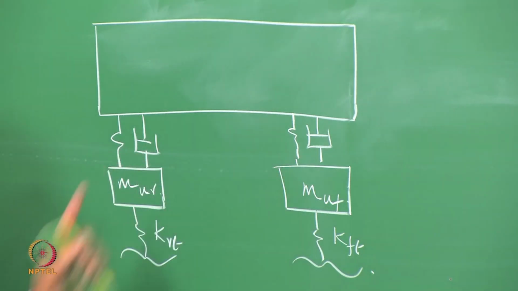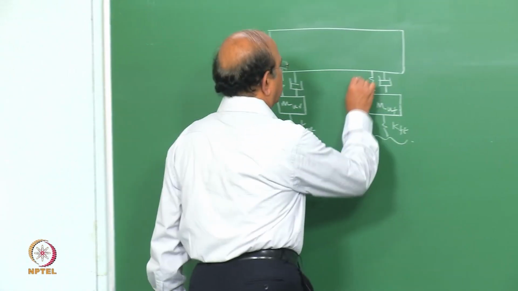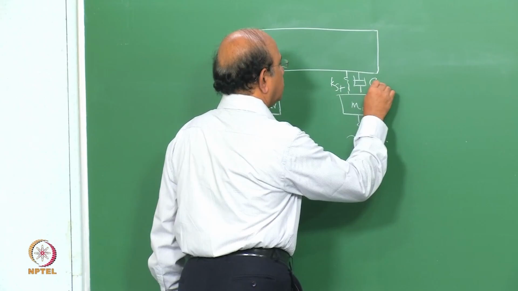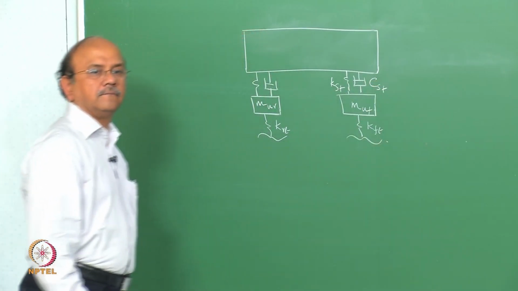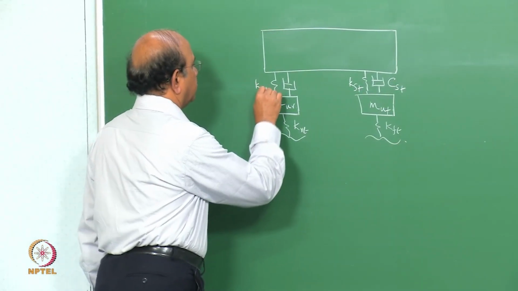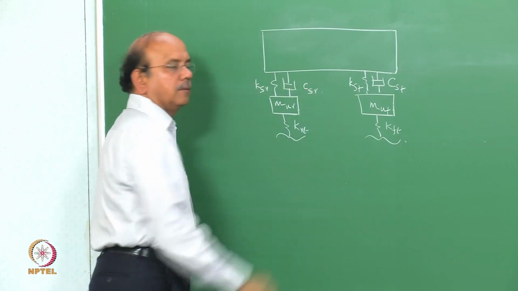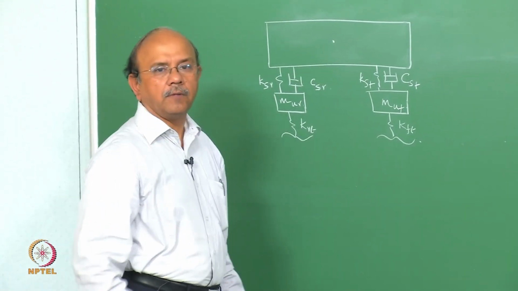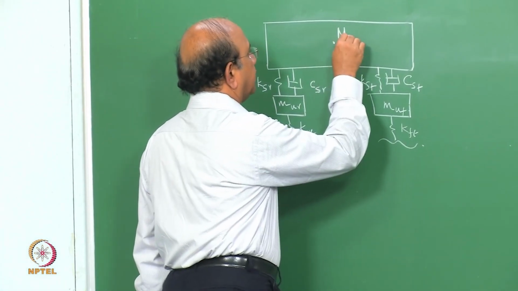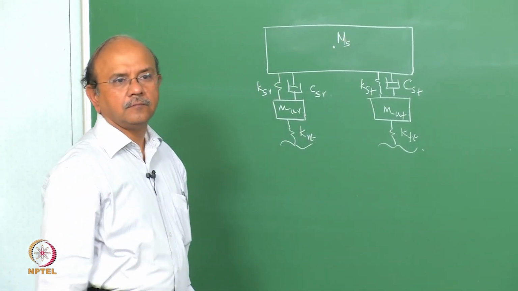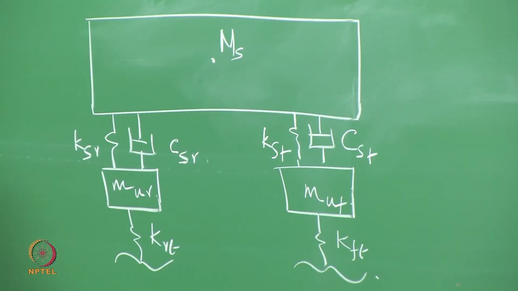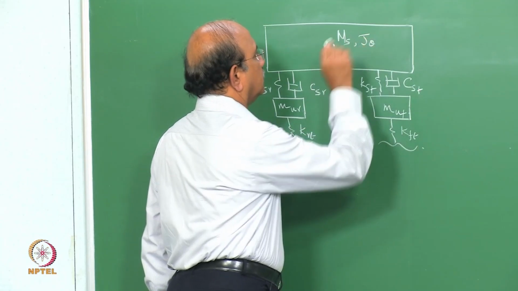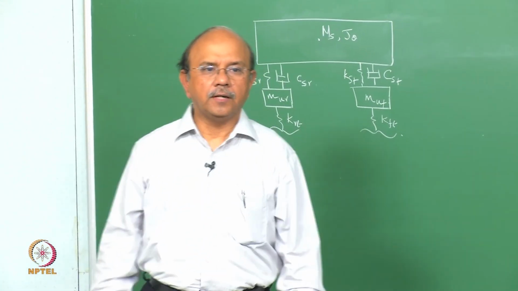These are the stiffnesses and the damping characteristics of the suspension system. So we'll call that KSF, CSF, KS rear, CS rear. That is the sprung mass, and we'll call that M sprung mass. And that we also include a J theta.